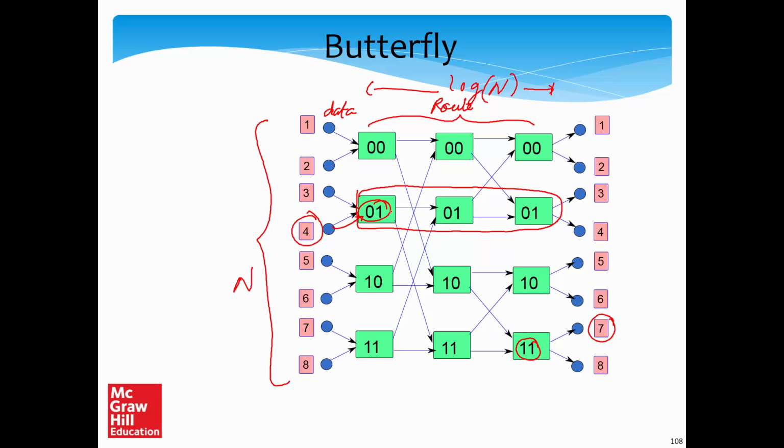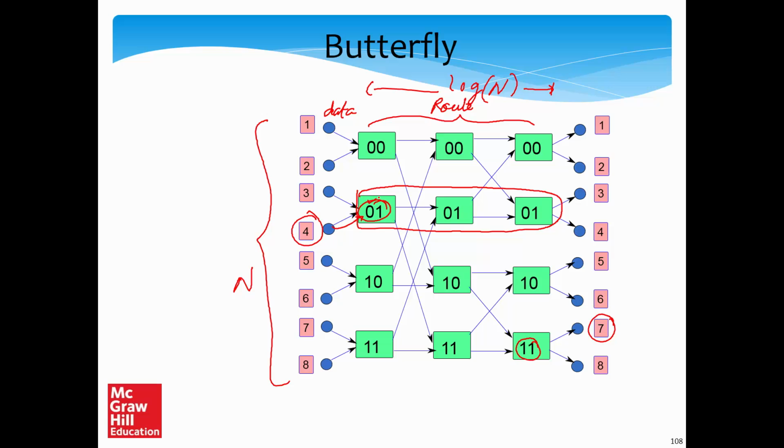So here we are going from switch 0, 1 in this column to switch 1, 1 in the third column. Every switch is connected to one more switch at the same level, n by 2 such levels, and it is connected to one more switch at a different row.